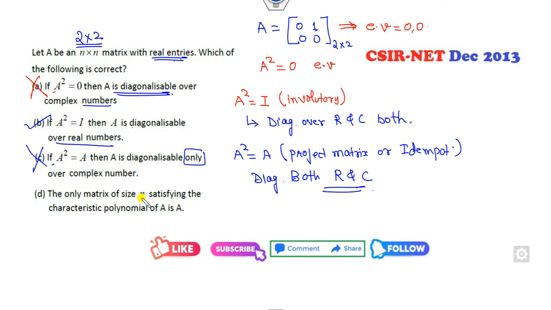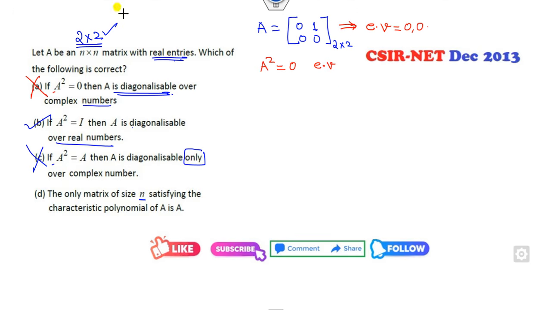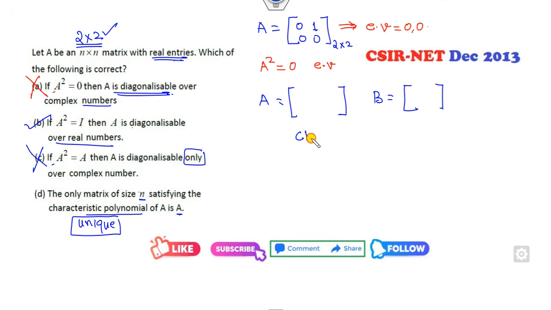The only matrix of size n, I consider n as 2, the only matrix of size 2 satisfying the characteristic polynomial is A. The only matrix means they are talking about uniqueness. So can you think about two matrices A and B such that the characteristic polynomial of A and of B are the same?